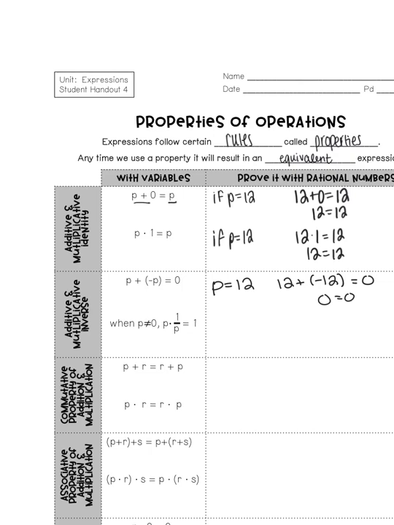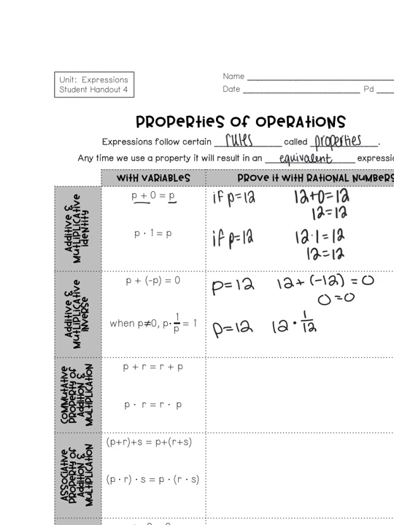For multiplication, if you multiply something by its inverse, which just means its reciprocal, when you flip it, basically put 1 over it, it doesn't equal 0, but it does equal 1. So I'll show you what I mean. Again, P equals 12. So I have 12 times the inverse of 12, which would be 1 over 12.